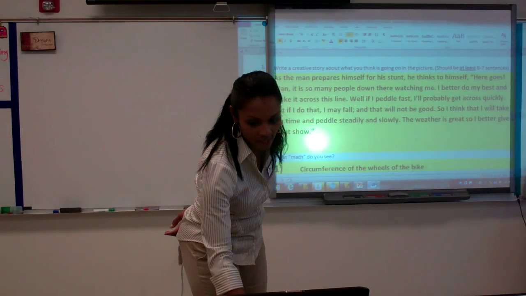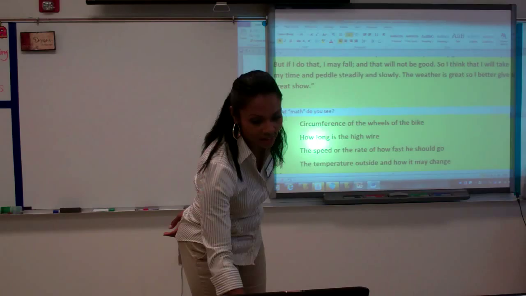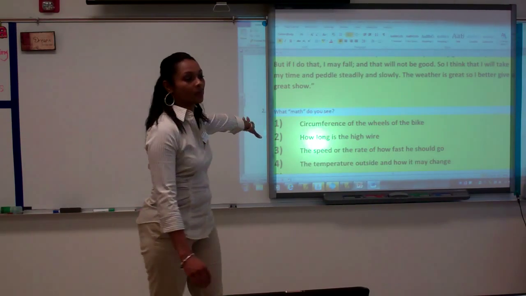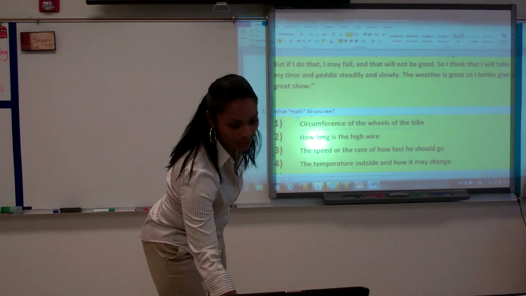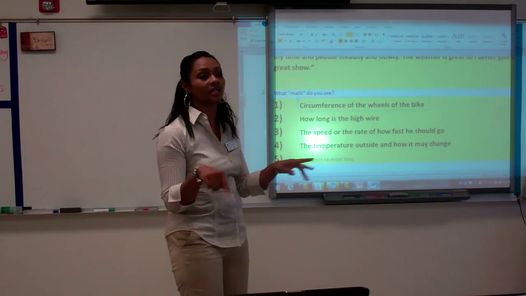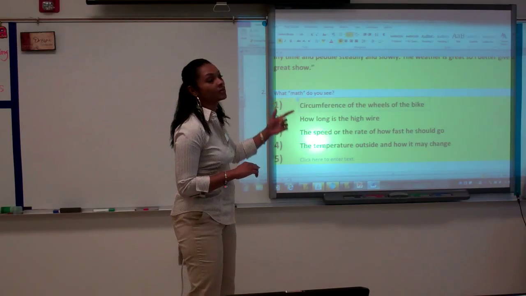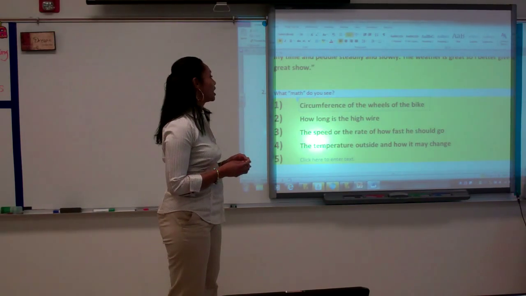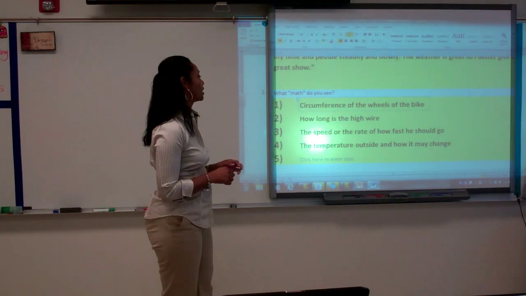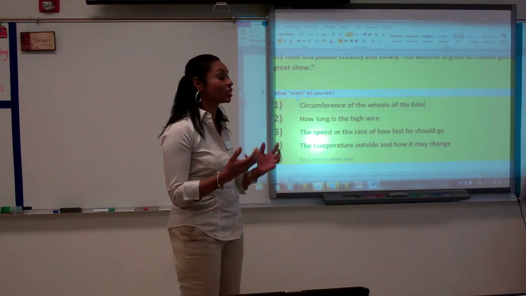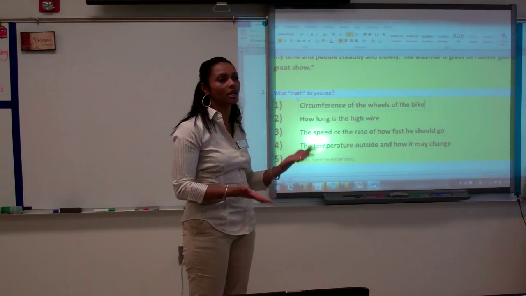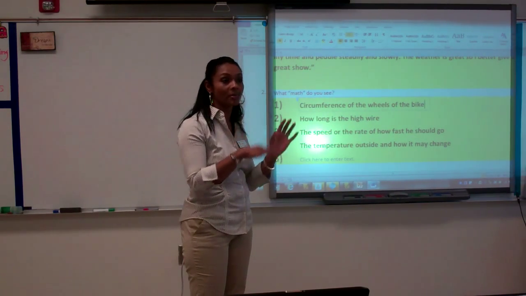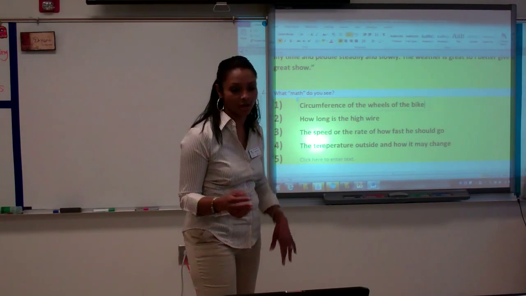These are the things that I think would be appropriate for him, and these are things that we've studied in 7th grade: the circumference of the wheel of the bike, how long the high wire is, the speed or the rate, how fast you should go, and the temperature outside. Okay, that's dealing with integers. When you're talking about temperature change, you can use integers there.